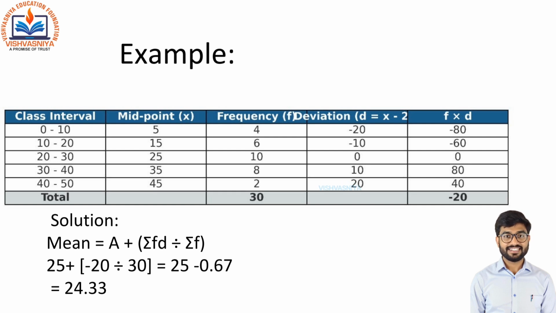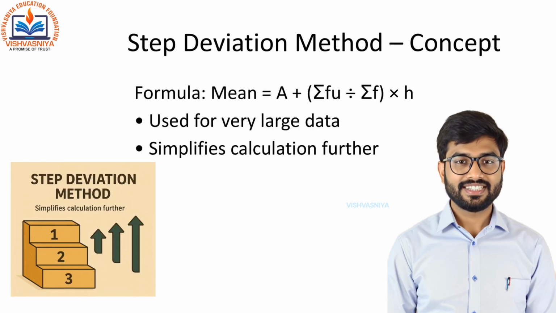Adding all these, summation of frequency into deviation is minus 20. Total frequency is 30. Therefore, mean equals 25 plus minus 20 divided by 30, which is 25 minus 0.67. This again equals 24.33.